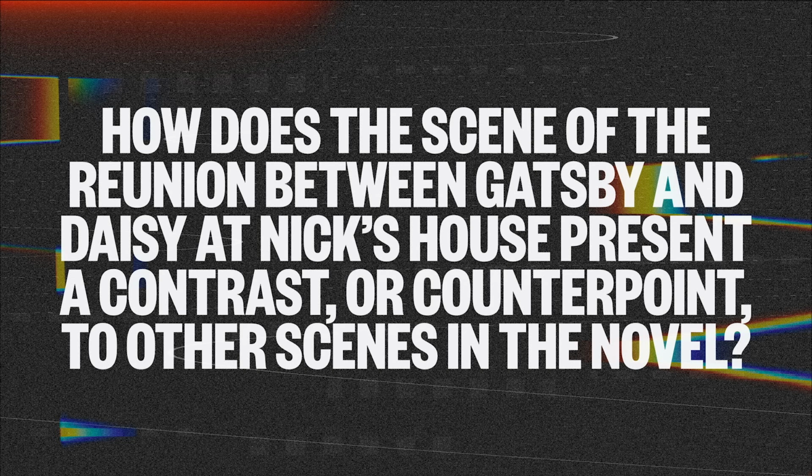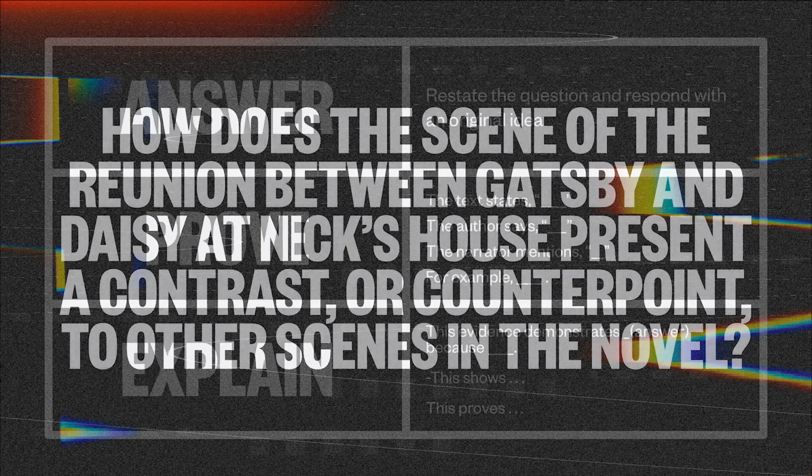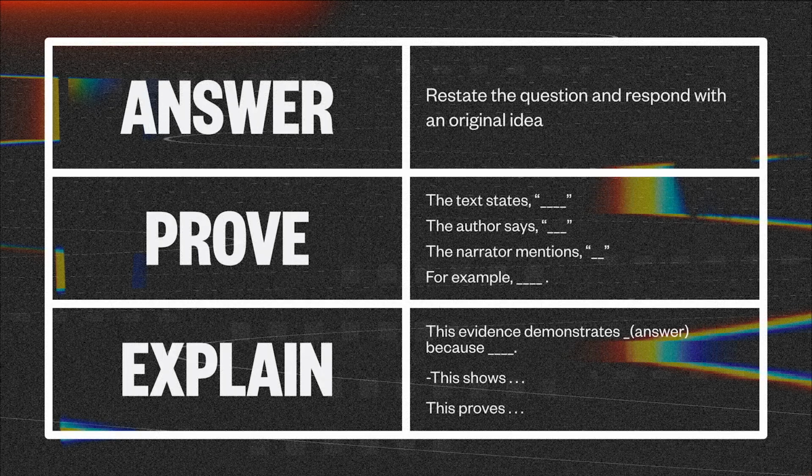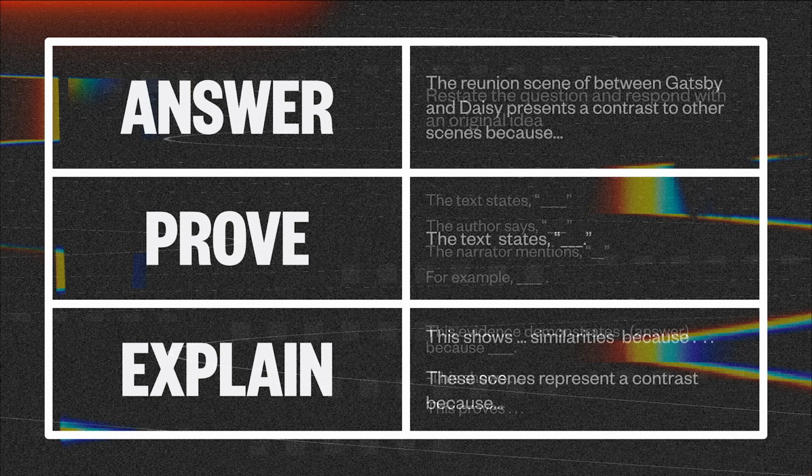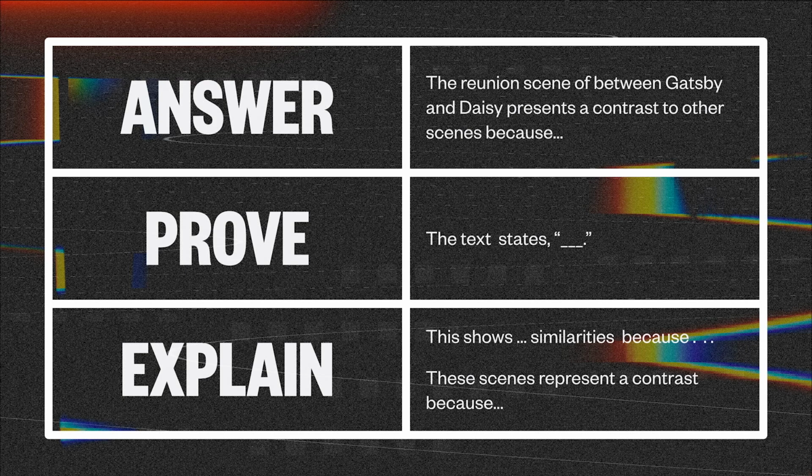Like many of the different options that were mentioned previously, APE starts with having students answer the question by restating the question and providing an original response or a clear and concise answer. Next, students are asked to provide evidence.